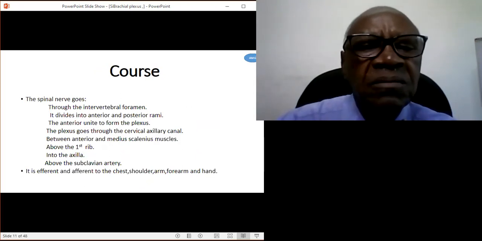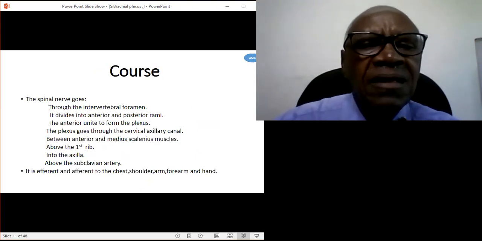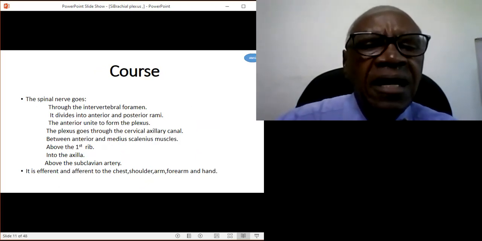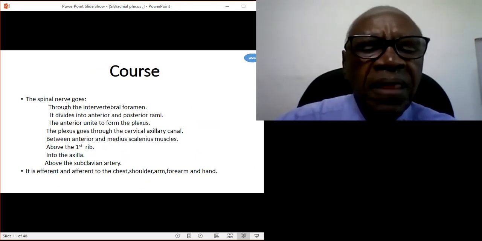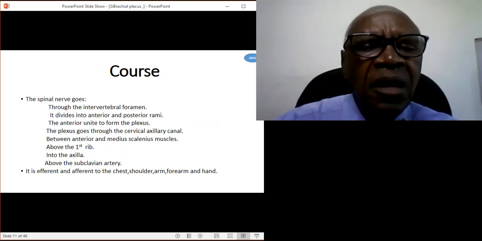The course. The spinal nerve goes through the intervertebral foramen. It divides into anterior and posterior rami. The anterior rami unite to form the plexus. The plexus goes through the cervico-axillary canal between the anterior and the medius scalenus muscles, above the first rib, into the axilla above the subclavian artery.